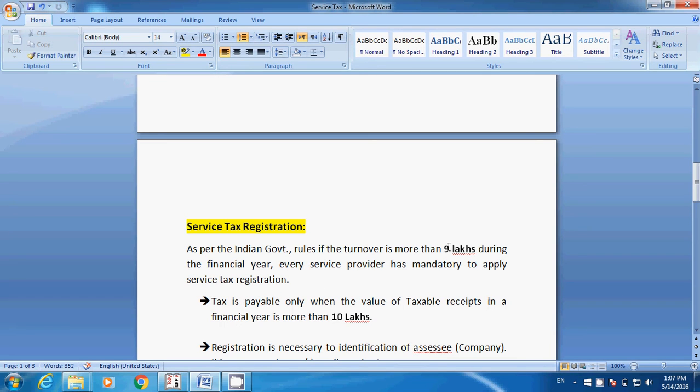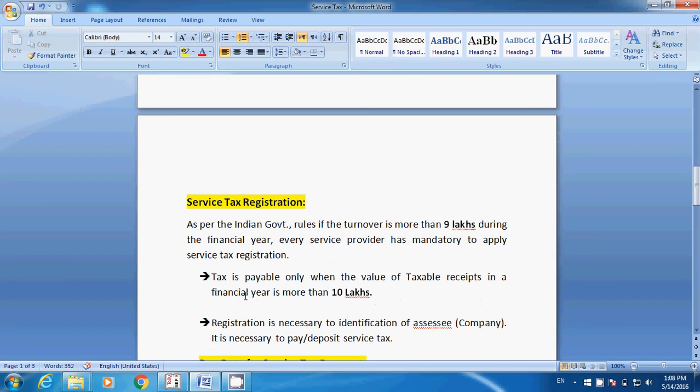Tax is payable only when the value of taxable receipts in the financial year is more than 10 lakhs. In that case only, we have to pay tax.